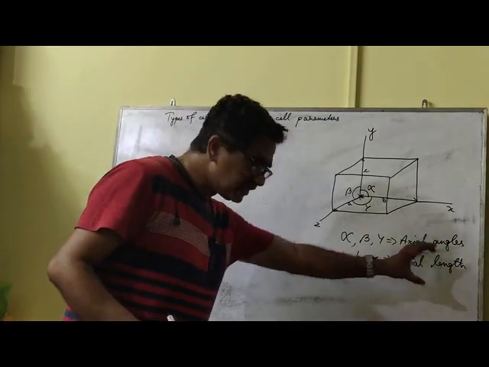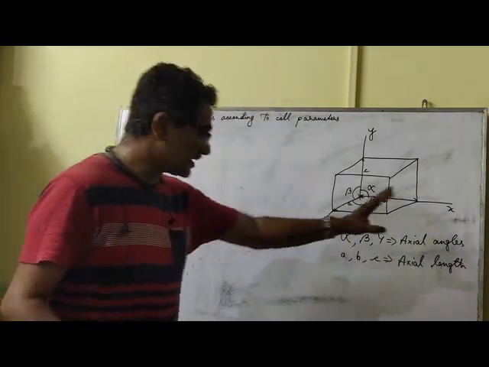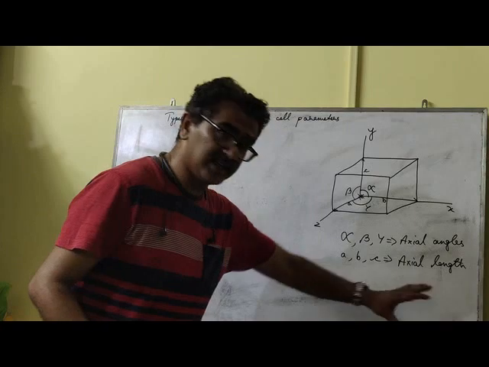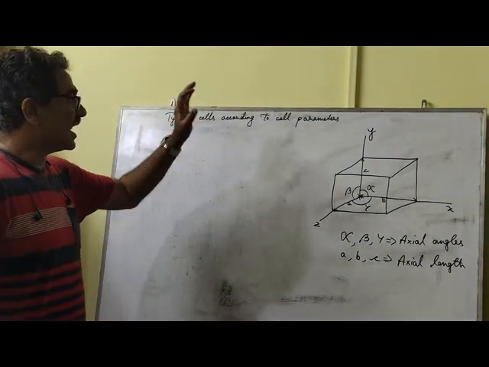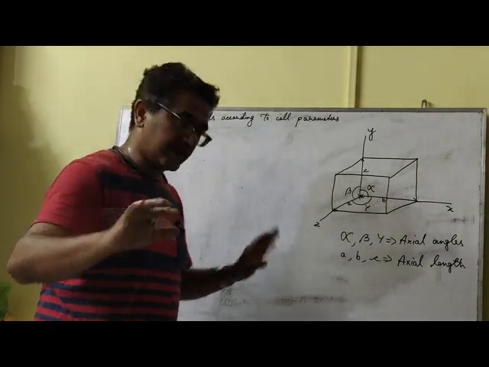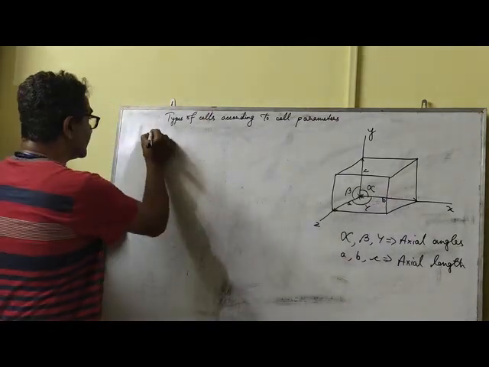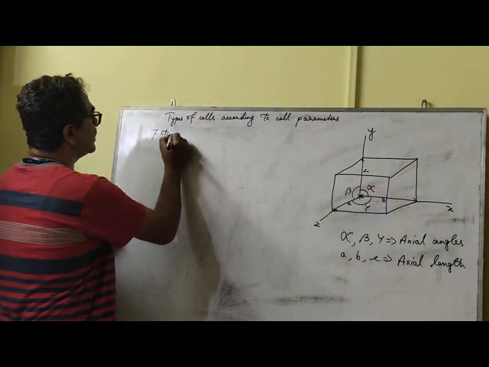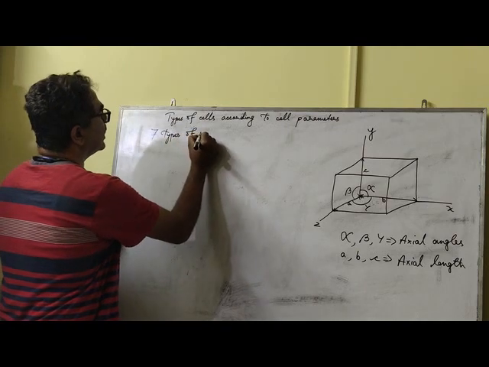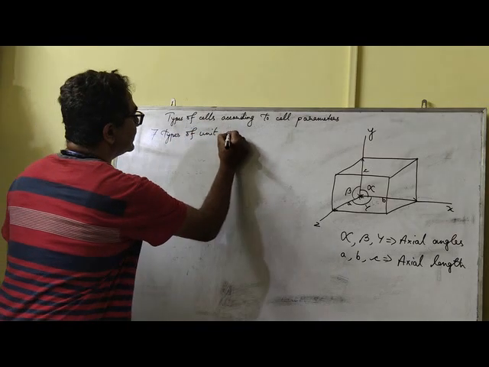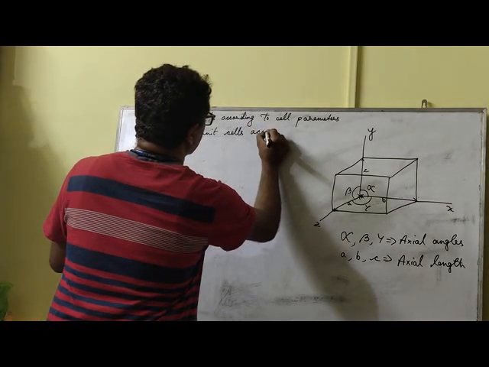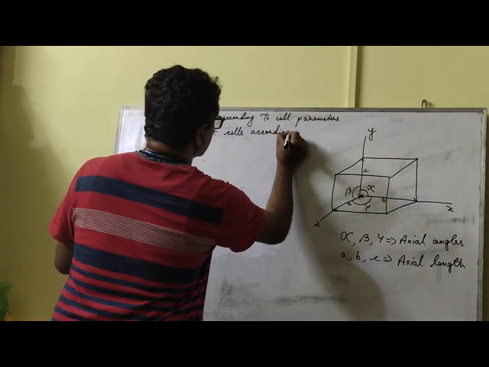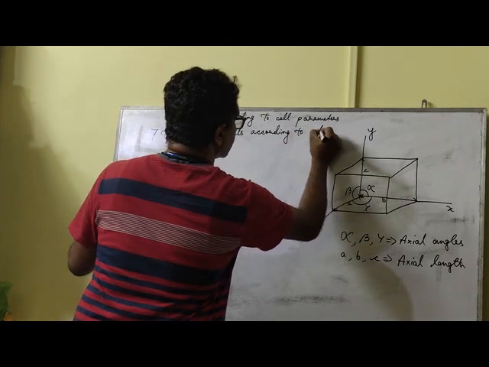Depending upon the values of these axial angles and axial lengths, we categorize unit cells into 7 different types. So there are 7 types of unit cells according to cell parameters.